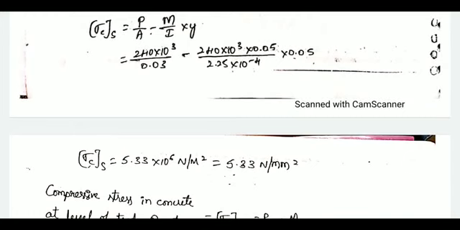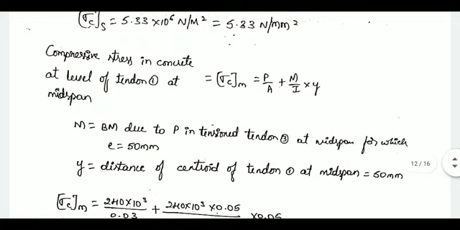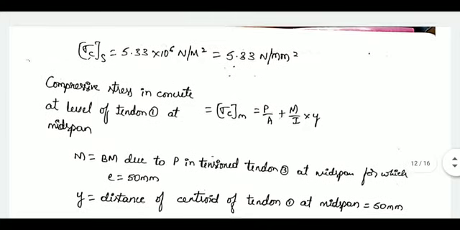And we can calculate it at the support section. Same way, when you come to the midspan section, we have an eccentricity of 50 mm. So substitute the value, you can find it out.